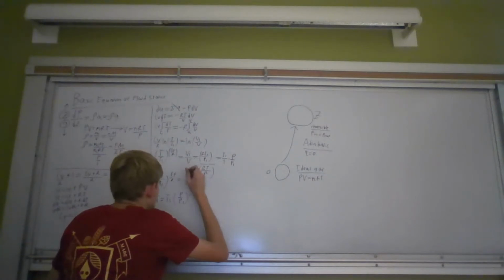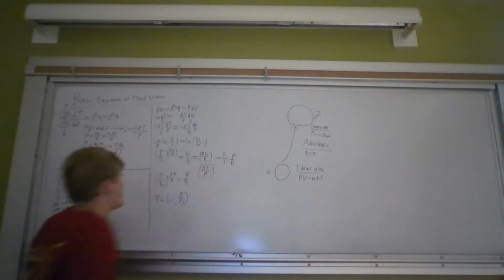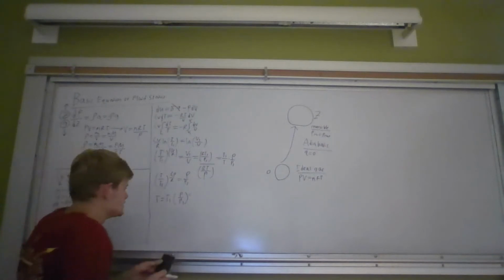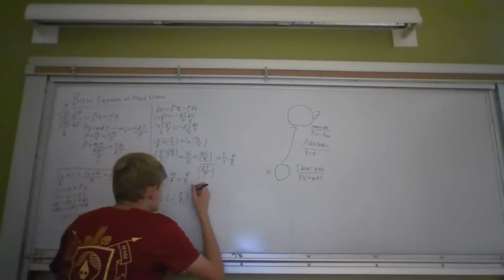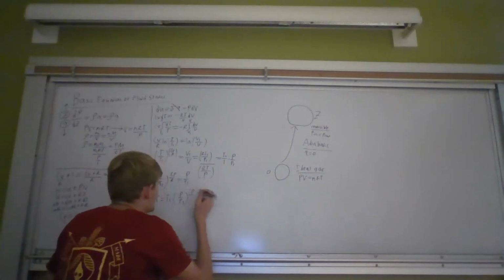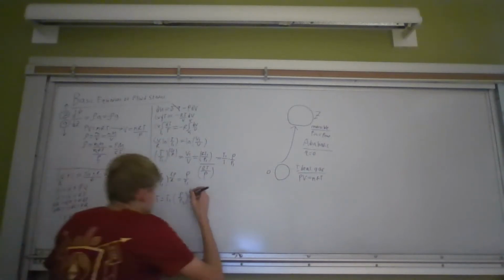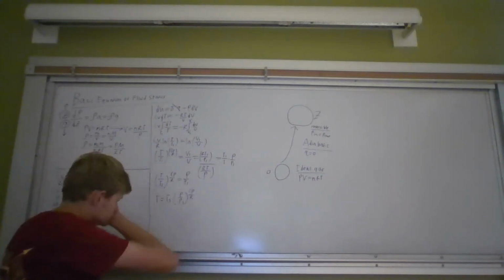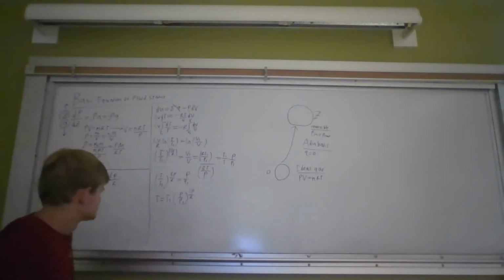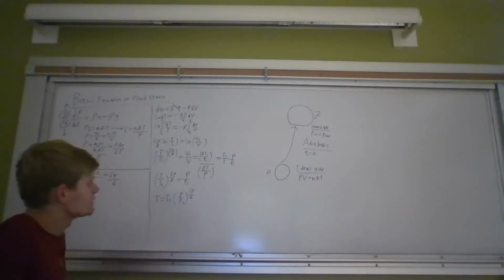It's going to be P1, and then we're going to have a new expression of our constant pressure divided by our gas constant. So this is our new T value.